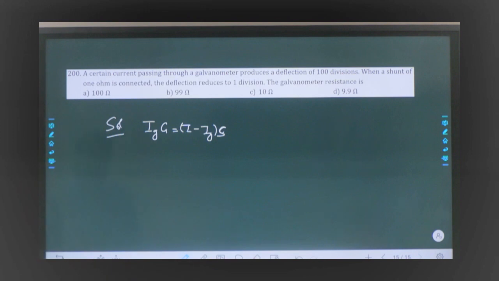I minus Ig into S. When the deflection reduces to 1 division, that means current 100 times कम हो जाएगी.